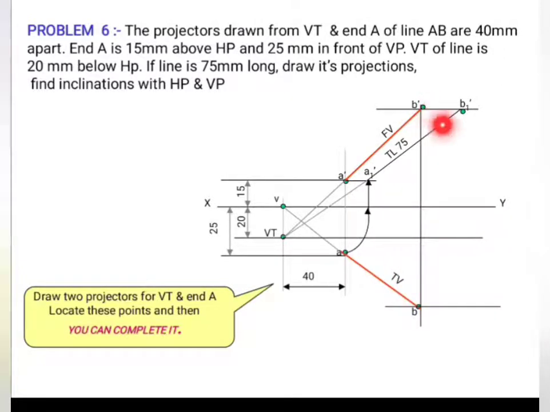So for that, I am rotating this elevation and making it horizontal and dropping it down to the locus line of B and getting this intersecting point and naming that one as B1 and joining VB1, which will represent the true length line. So the inclination of VT B1 dash will be angle theta and the inclination of VB1 with the XY line will be phi.